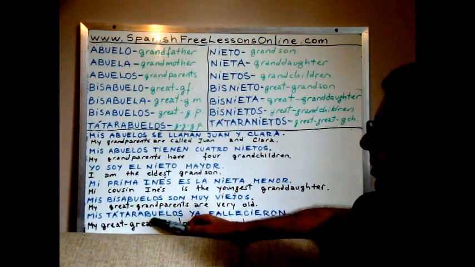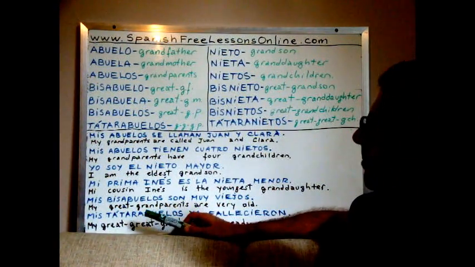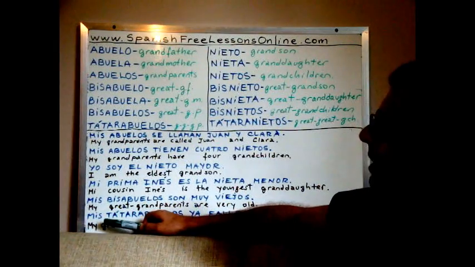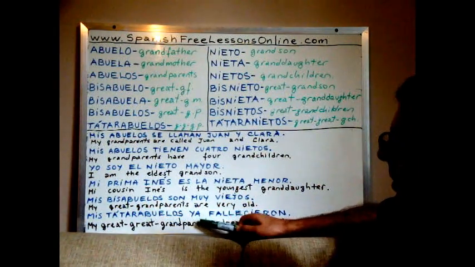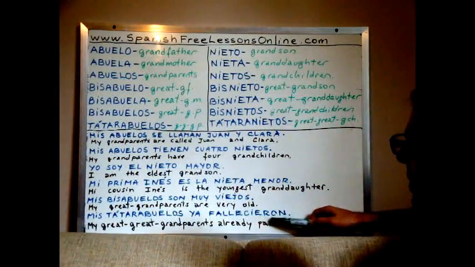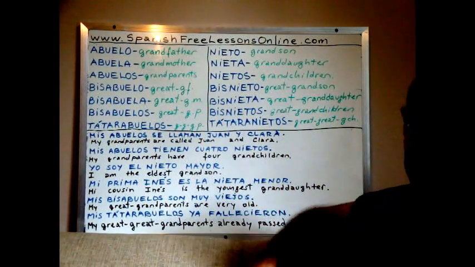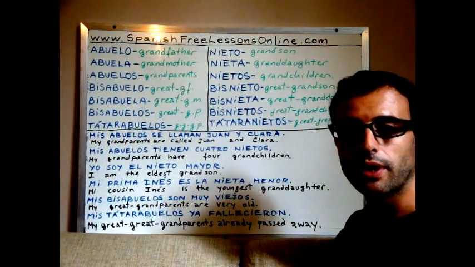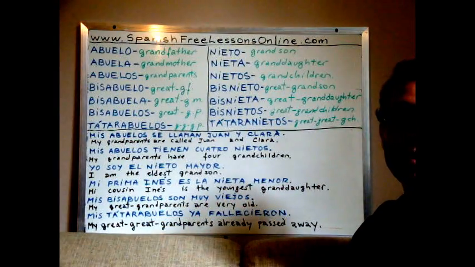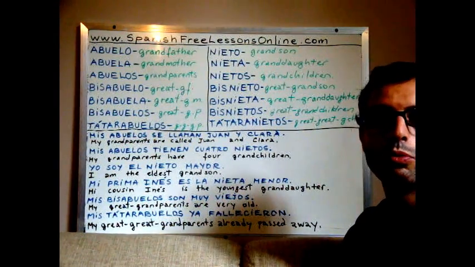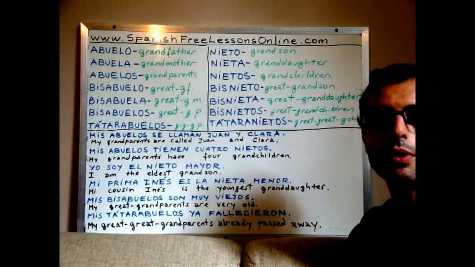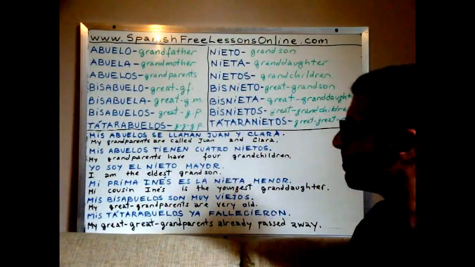In this case, the great-great-grandparents. So, my great-great-grandparents already passed away. Okay? In English we would say have already passed away. In Spanish we would use the simple past to say it. It's more commonly used. We would just say my great-great-grandparents already passed away.